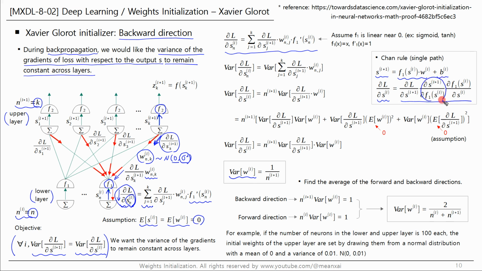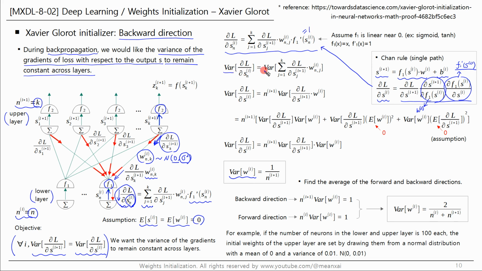This term is the partial derivative of the above equation with respect to F1 of Si, so it becomes Wi. And this term is F1 prime of Si. So this equation holds true. Since f is assumed to be a linear function near the origin, f prime is assumed to be 1.